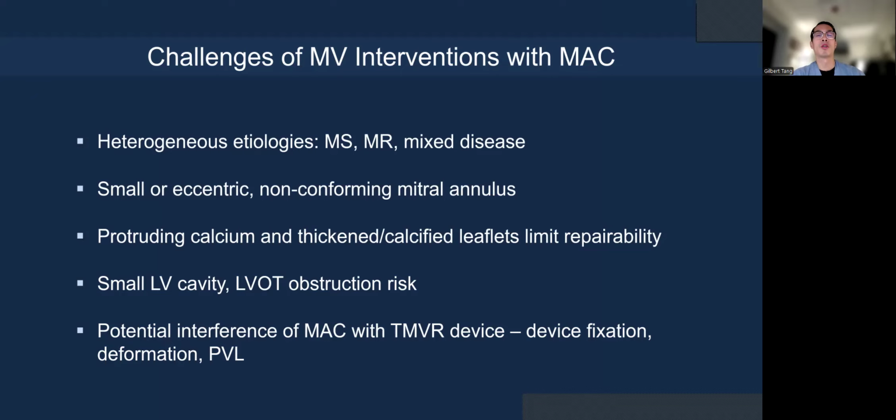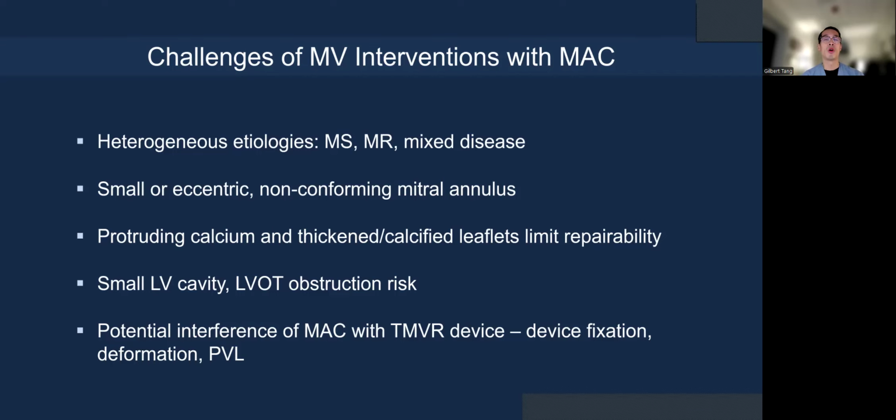So the challenge of mitral valve intervention with MAC is that it makes the etiology varied. You can have pure MS, pure MR, or a combination of both. These patients typically have a very eccentric, non-conforming mitral annulus. The protruding calcium or thickened leaflets can limit repairability. Of course, they have small ventricles, so LVOT obstruction risk is real with TMVR.